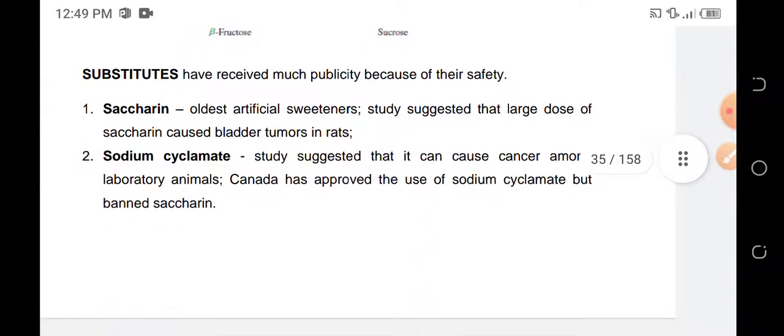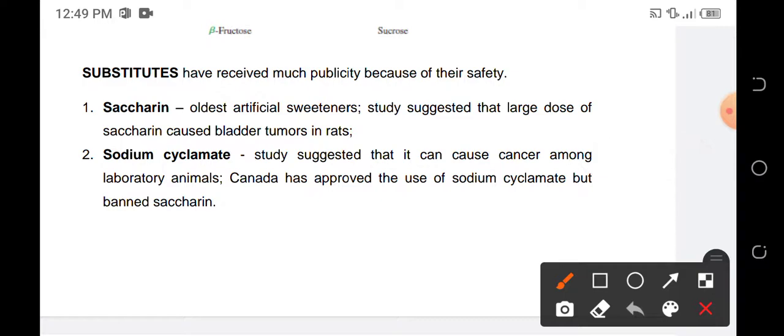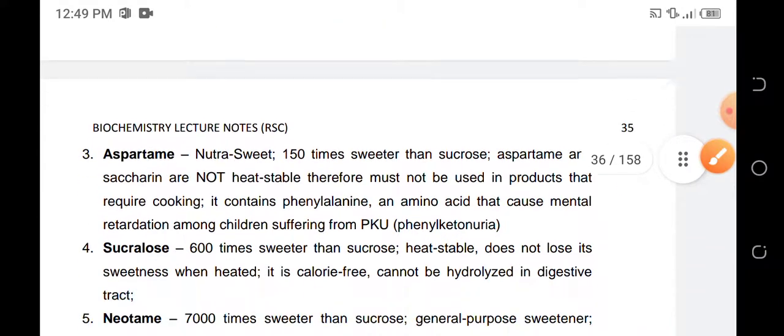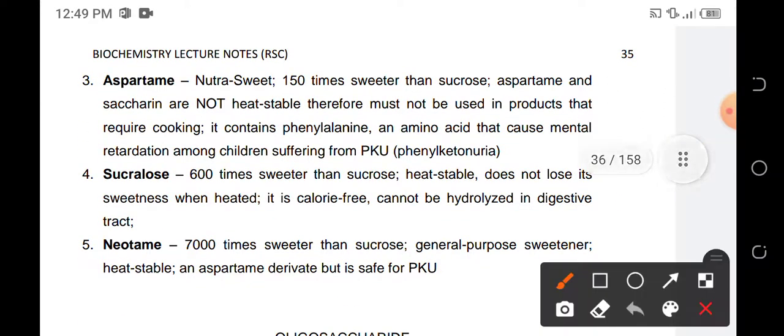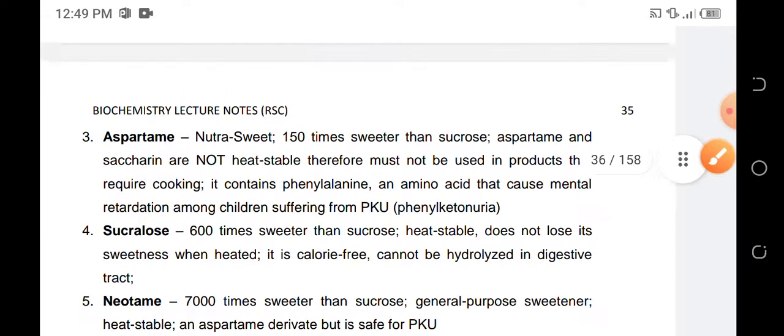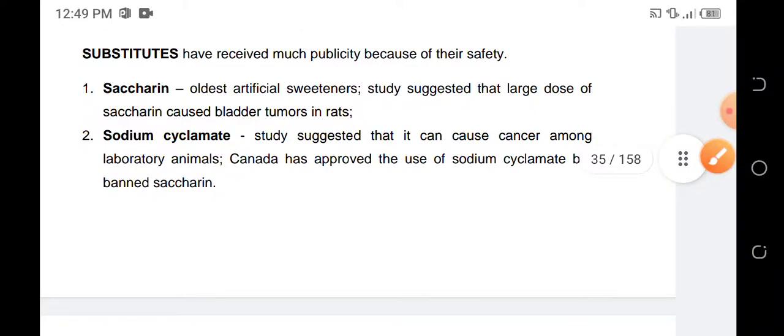So we have here a few sugar substitutes. Okay, we have saccharin, sodium cyclamate, aspartame, sucralose, and neotame. So ito yung mga sugar substitutes.